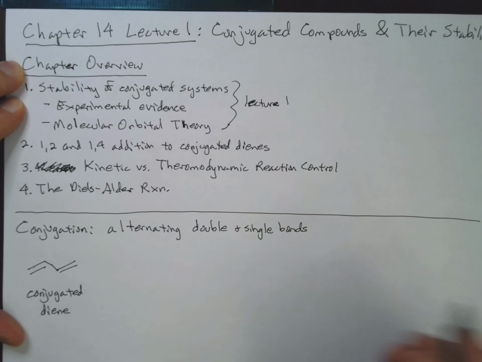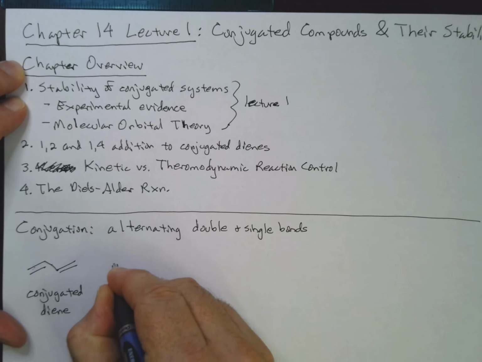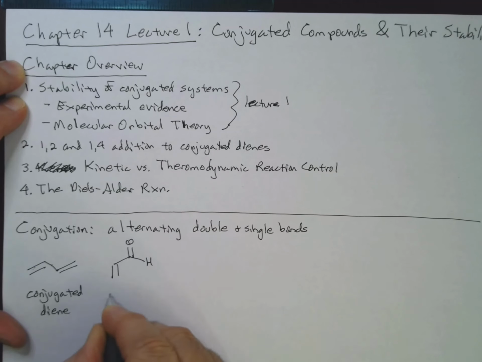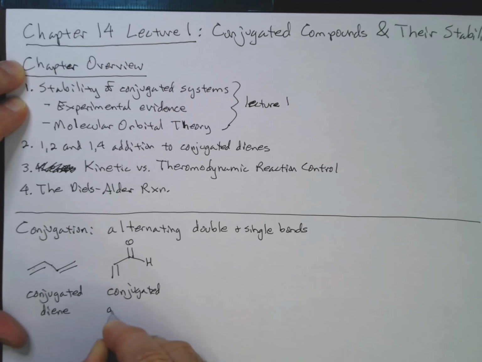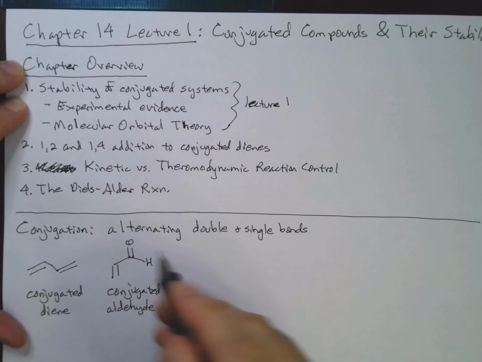I could have something like this, which I often draw like this. This would be a conjugated aldehyde. We could have a ketone here.